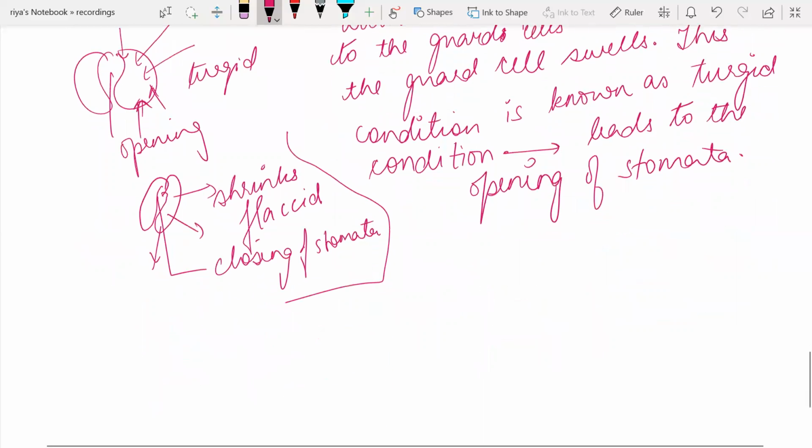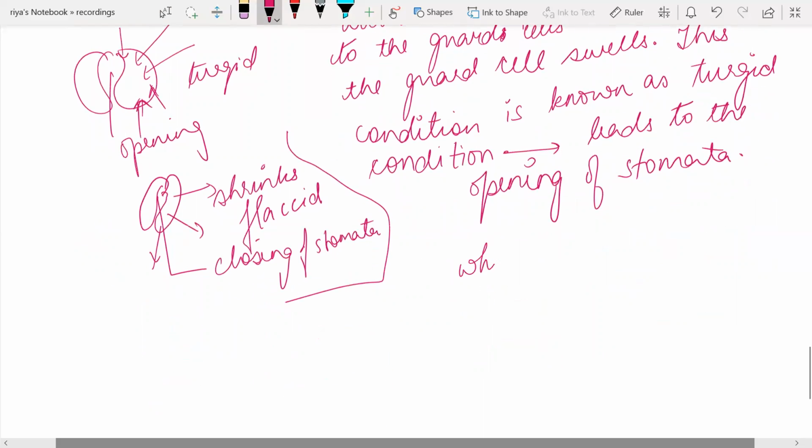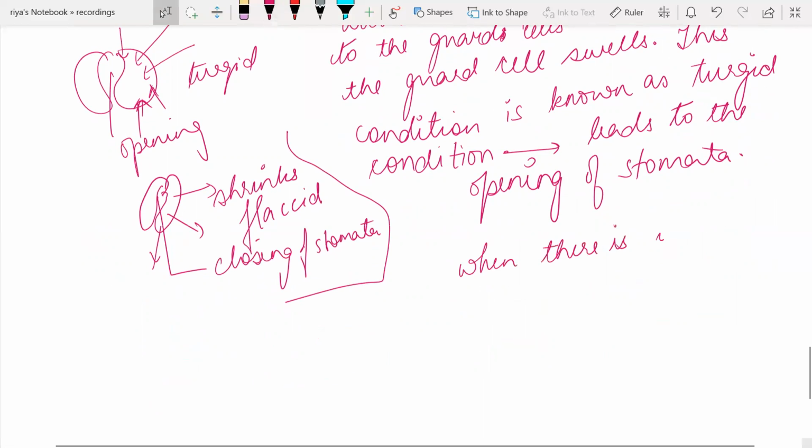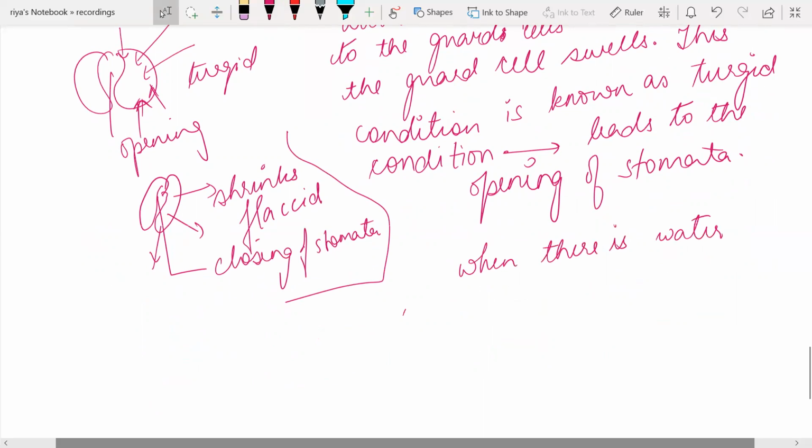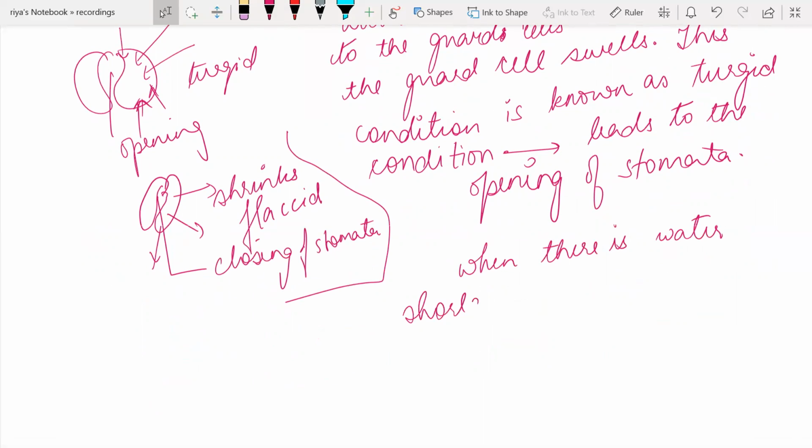Now let's write closing of stomata when there is water shortage. Obviously, the plant does not want to remove water when there is less water in that area, and this persists in dry conditions. So in dry areas, plants always try to keep their stomata closed so that they do not lose the water present in their body.